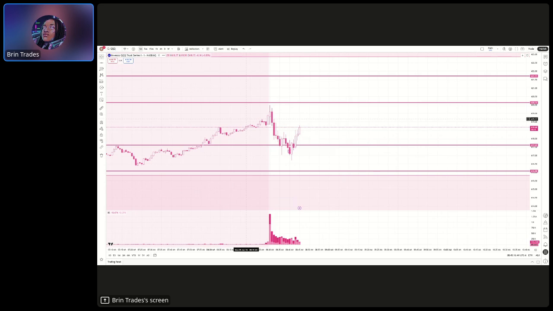Mondays are always weird. There's actually no great volume if we look at the buy sell indicator. Man, really starting off this month in the reds, which is kind of sad.